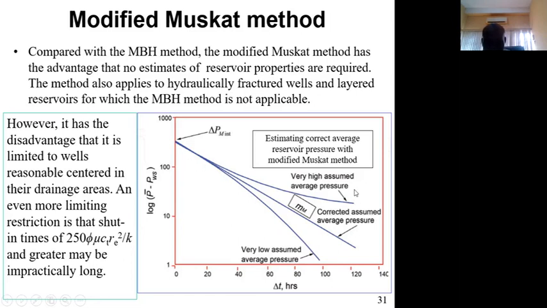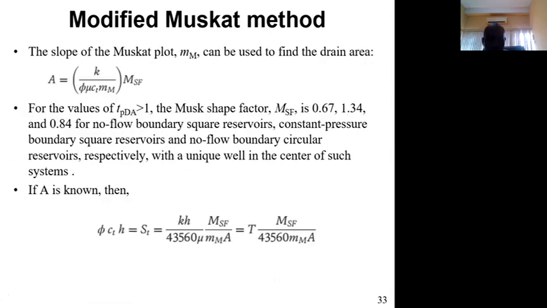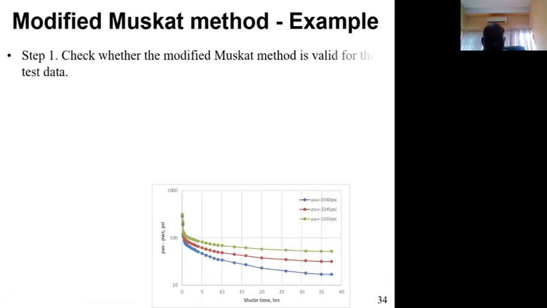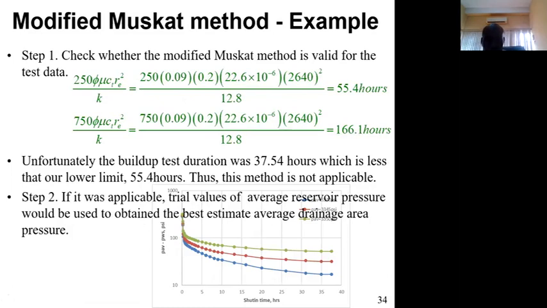Of course, if your pressure is exaggerated or at least way above, it will curve up, and then this is for an underestimated pressure. Now, for the purpose of this class, I won't discuss these next two slides, but as we've done for the other methods, let's see how the Muskat is used and whether it's applicable for our case.